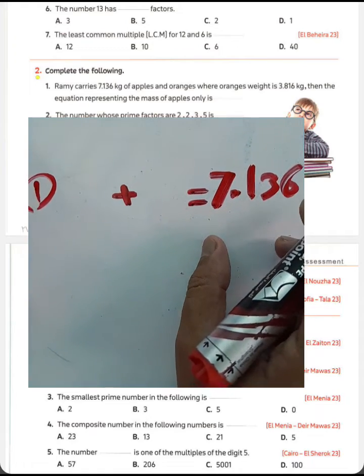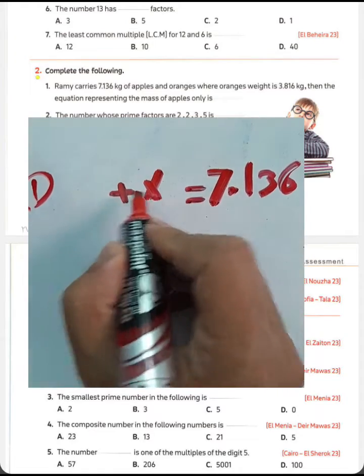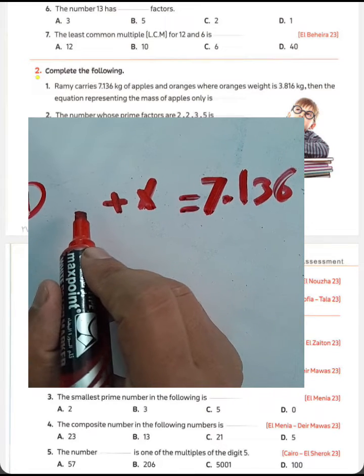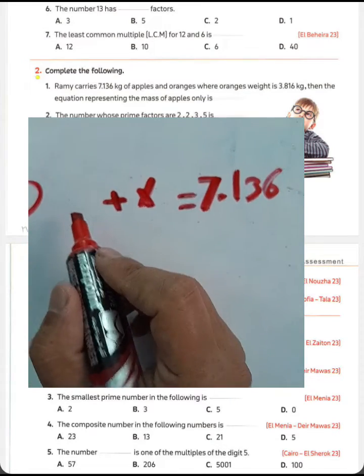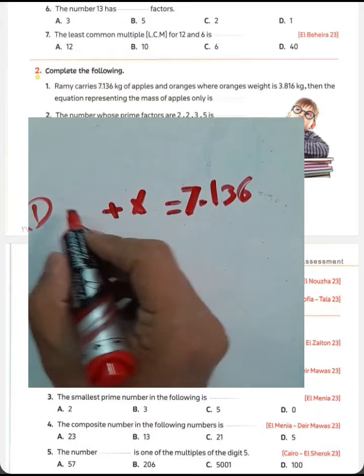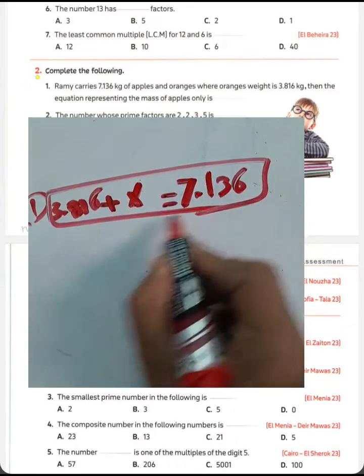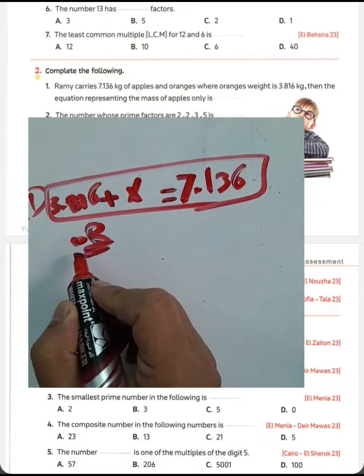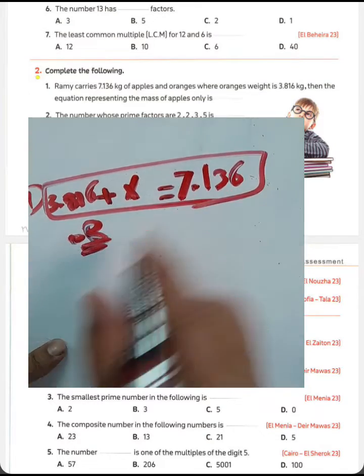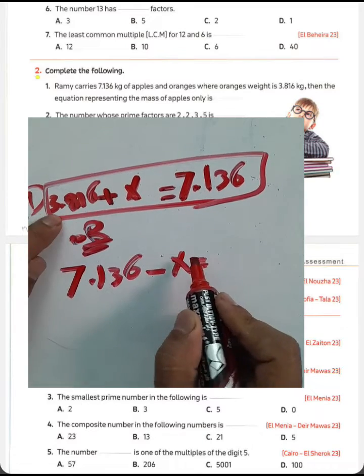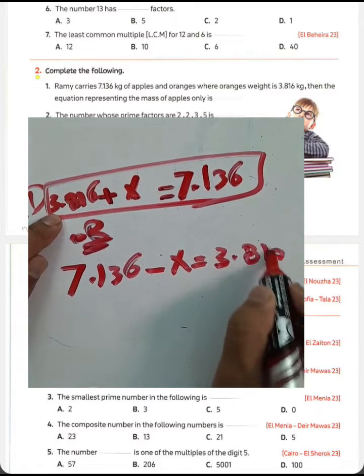So you can write the unknown x, and the first weight, it gives us the weight of oranges, 3.816. So it's the first equation. Or you can write the total, 7.136 subtract x equals 3.816.